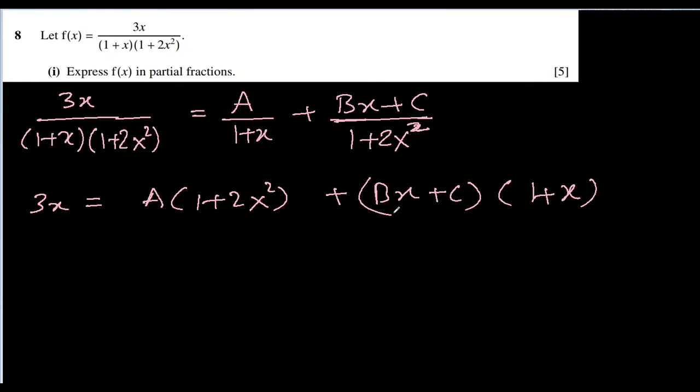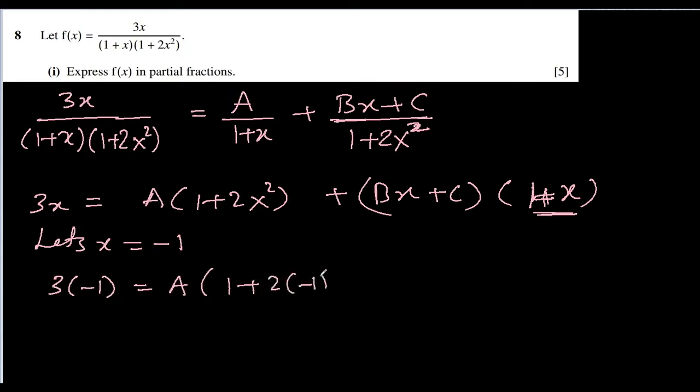To find a, b and c, let's start with making this part as 0. It is 1 plus x. So let's assume x equal to minus 1 so that this becomes 0. So 3 times minus 1 equal to A times 1 plus 2 times minus 1 square and plus 0. This whole thing will become 0 because this part will become 0.